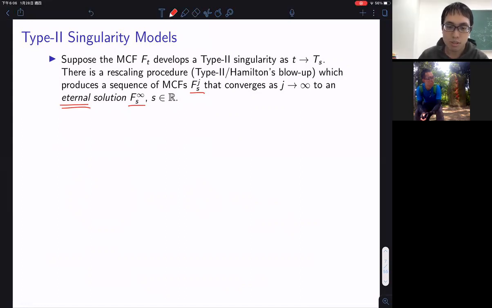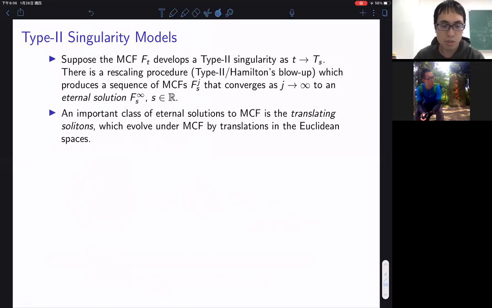We will call this kind of eternal solution a type 2 singularity model. An important class of eternal solutions to the mean curvature flow is the so-called translating solitons. These are solutions to mean curvature flow that translate in Euclidean space in a fixed direction.